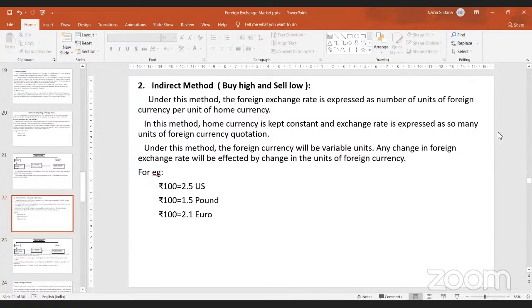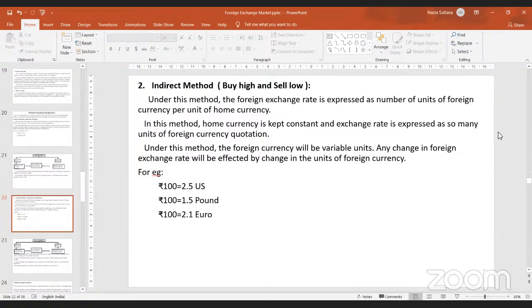Say for example, I'm not buying foreign currency for any specific purpose. I'm not traveling. I am not investing. My purpose is only to make a profit out of buying and selling the foreign currency. When my intention is like that, I will check how much money I have to spend in terms of my currency to buy which one.